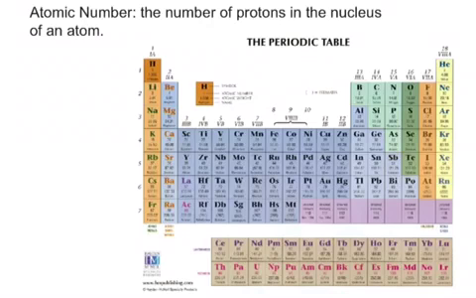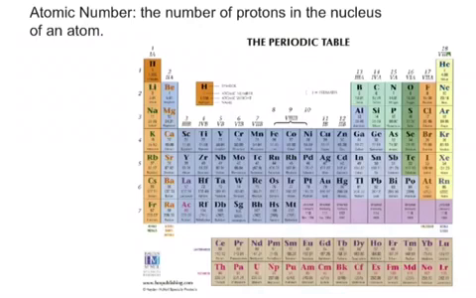You need to be familiar with two terms related to atomic structure. The two terms are atomic number, and the other term is mass number. The atomic number of an atom is simply the number of protons found in the nucleus. This number is the same number as can be found on the periodic table for that particular atom.